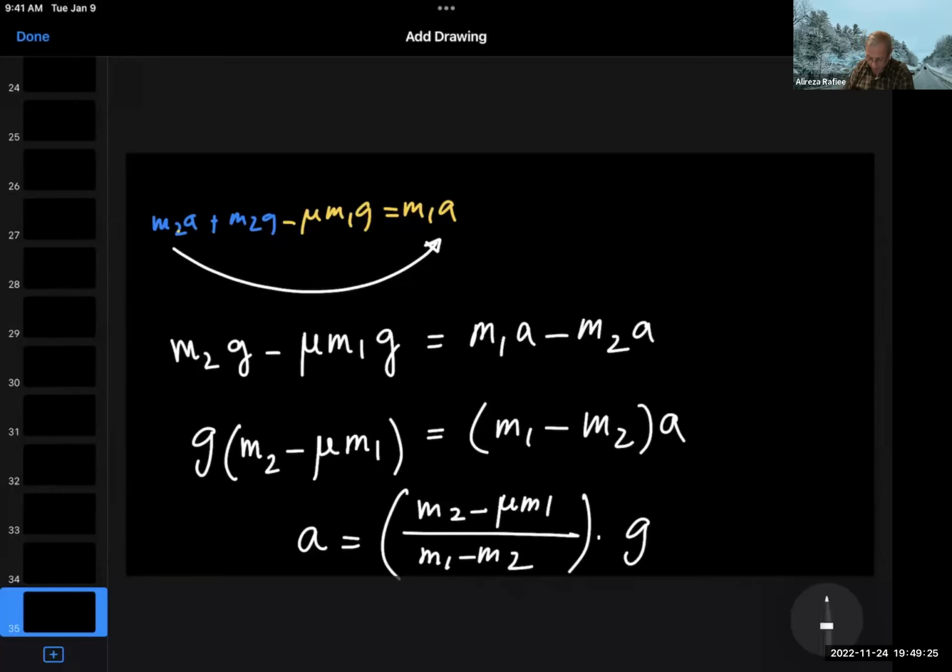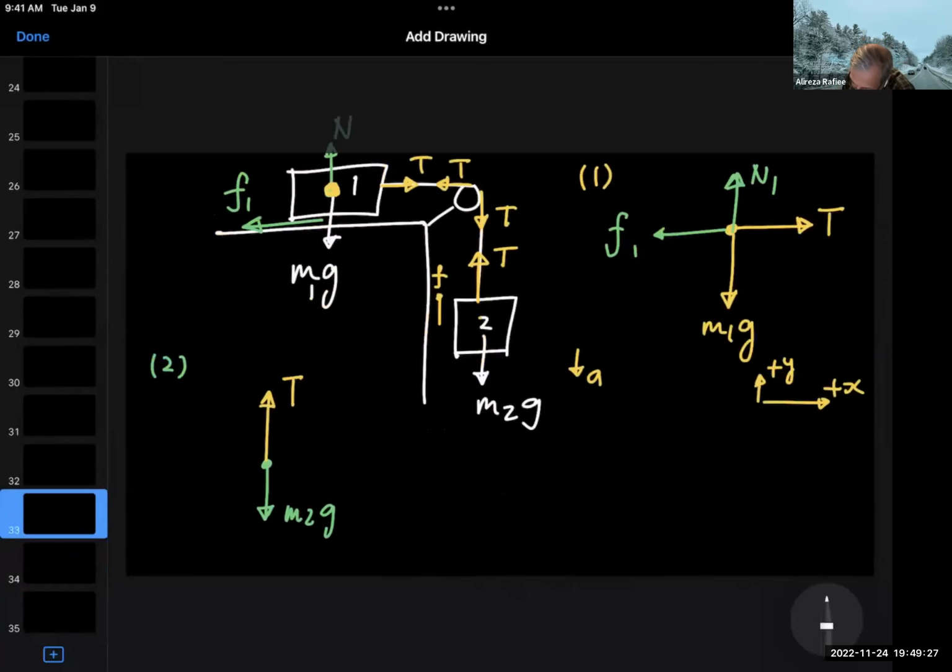Now this could have been much harder if instead of a flat surface, I had made it at an angle. This is horizontal, but you could have had an angle and then flat, or even this one also at some angle.